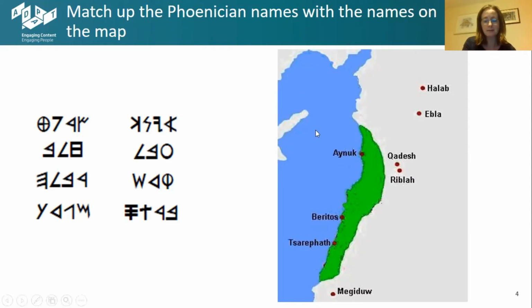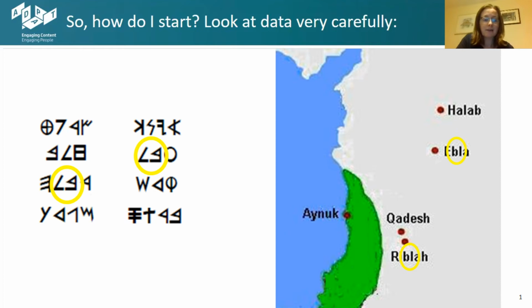So how would we start something like this? Well, we have to look at the data really carefully and look for patterns that repeat themselves, either in the names on the right or in the Phoenician names. If we look at the right, we can see that B and L repeat themselves in Ebla and Ribla. Those are the only 2 places where you've got BL repeating.